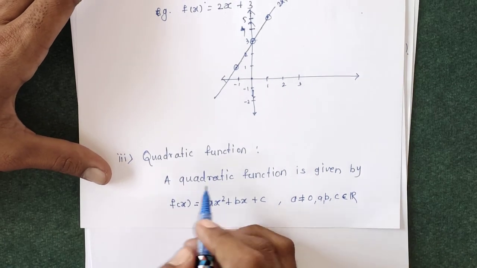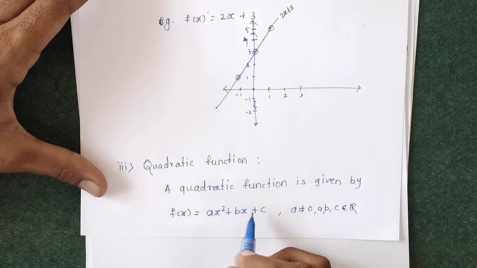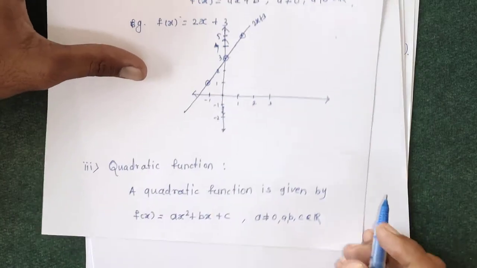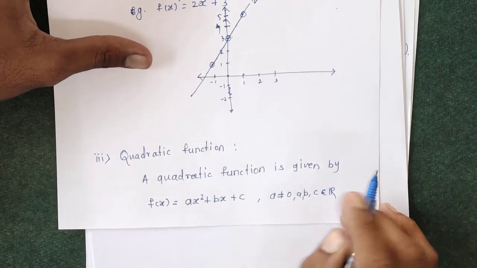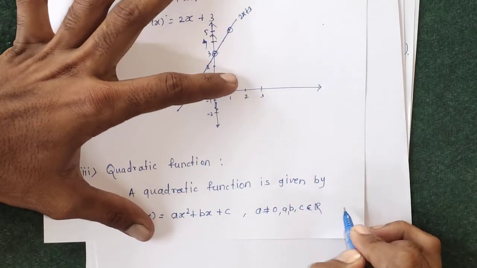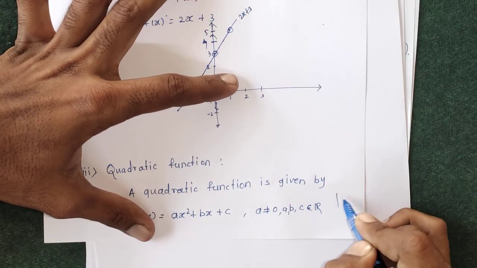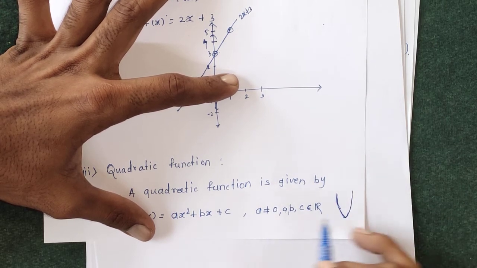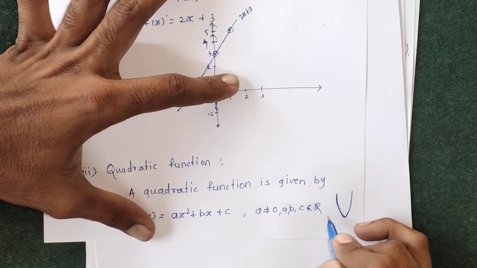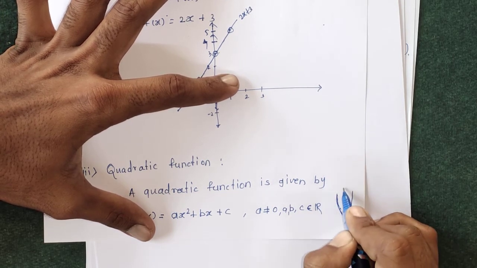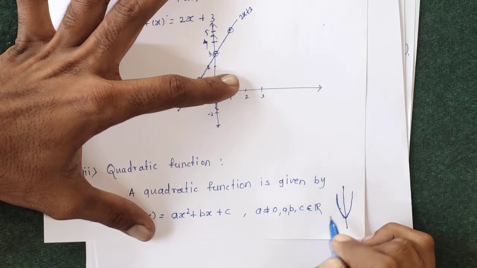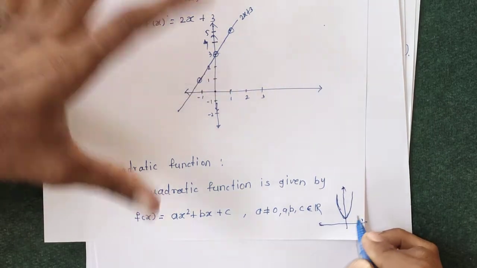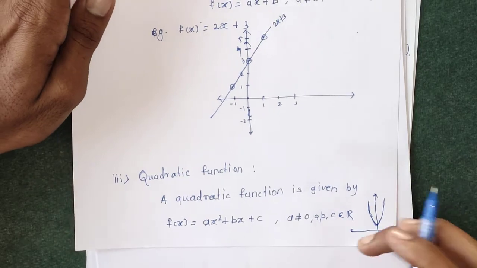The domain of the function is R. To find the graph of the quadratic function, if you plot it, the graph will be like this. For any particular values of a, b, c, the graph will look like this. Suppose this is the y axis and this is the x axis, then the graph of the function will be like this. This is the quadratic function.